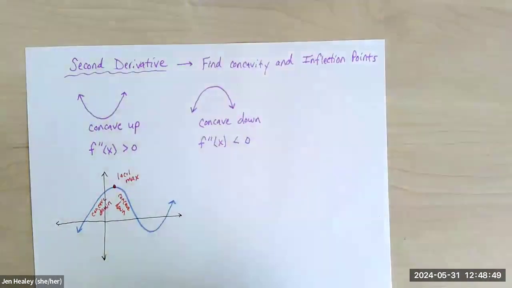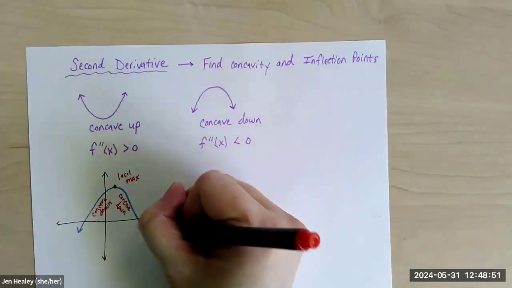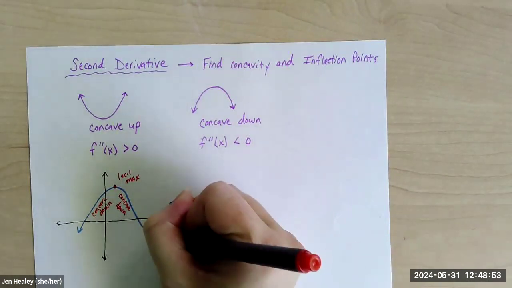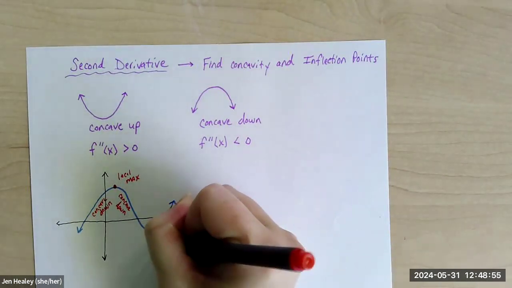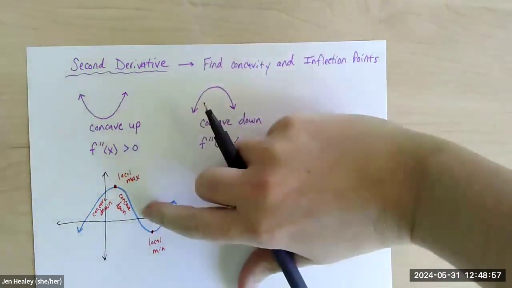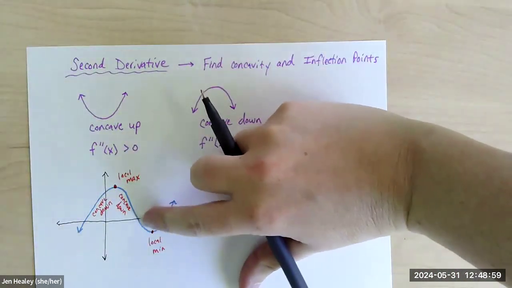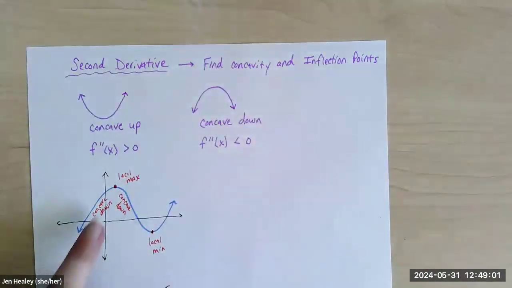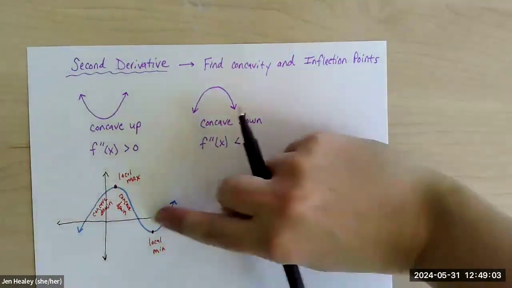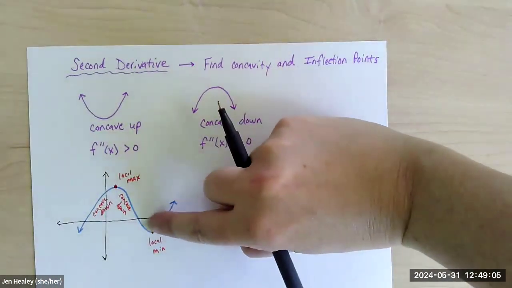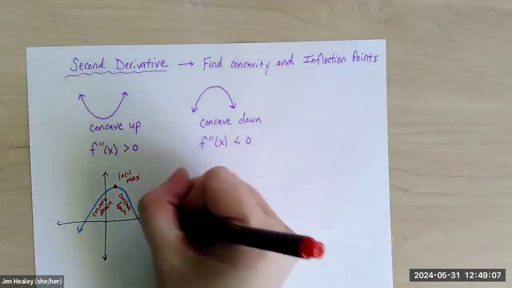Well, what's weird about that is here's my local min. But look what's happening on this side. This side's actually concave up in here. So I was concave down for part of it, but then I switch and I end up being concave up over here.